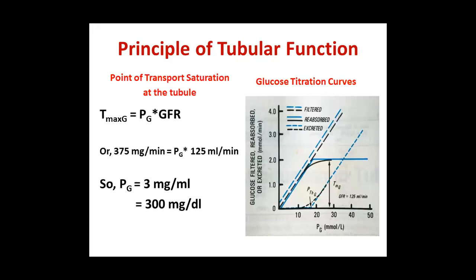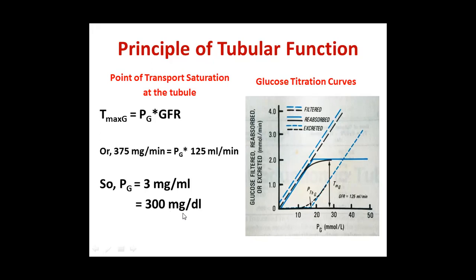If we compare these two diagrams side by side, this is the glucose titration curve. This is the point of transport maximization, and this point is around 300 milligram per dl.